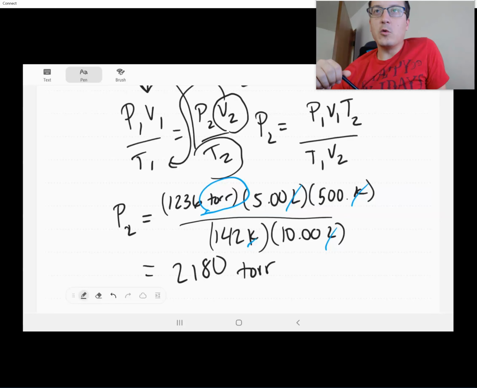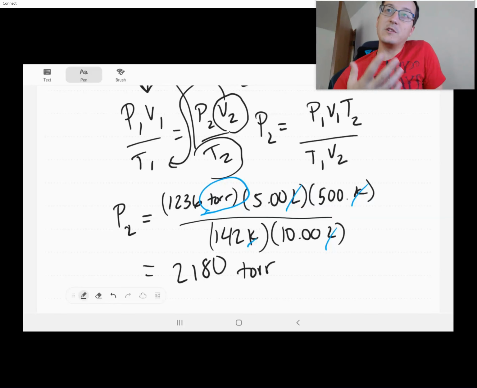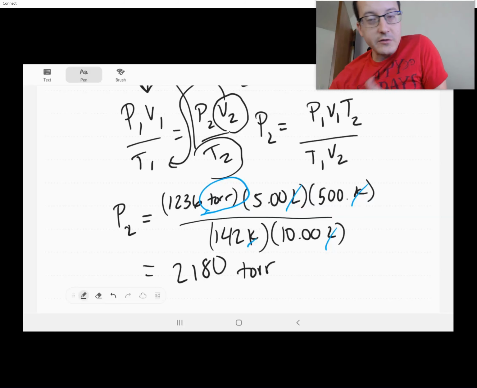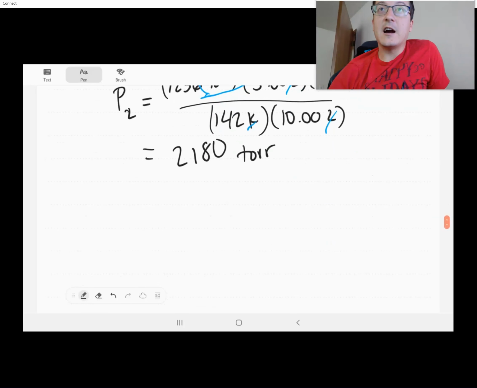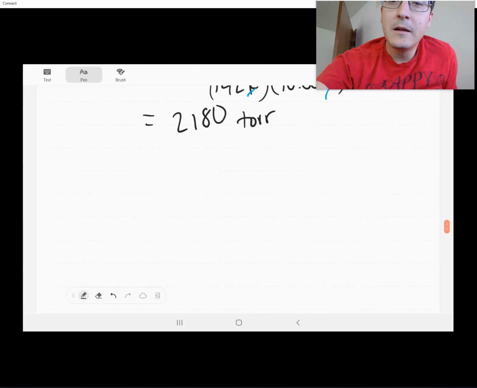Okay, cool. There's one last equation that we have here. All of the stuff that we've done so far has been if we're dealing with one gas. But we can often have mixtures of gases as well. So let's see how we're going to work with that. Alrighty.